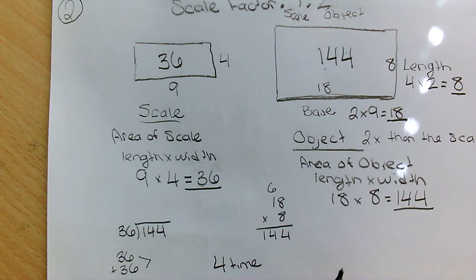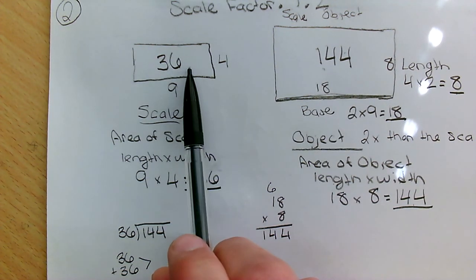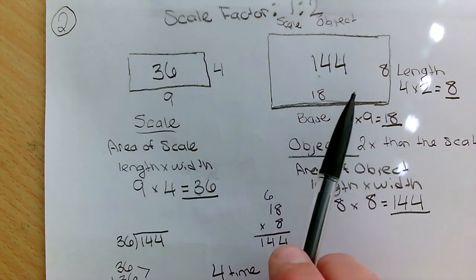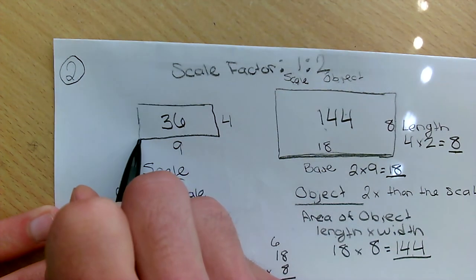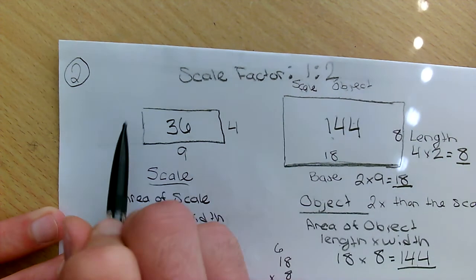So that's interesting, and that's what we're going to go over in our next video, that this area right here is 4 times the area over here, but the sides are only twice the amount of each other. Do you guys want to know why that is? Well, it's because this length right here is twice the amount of this length.